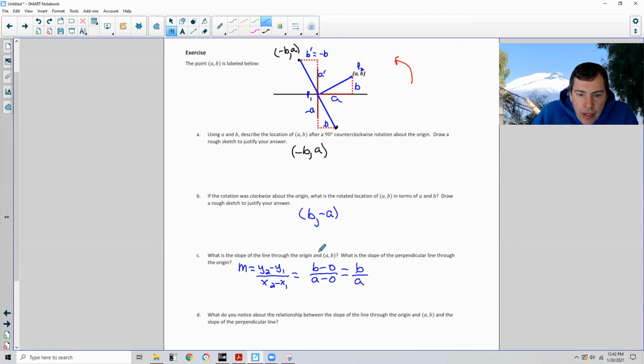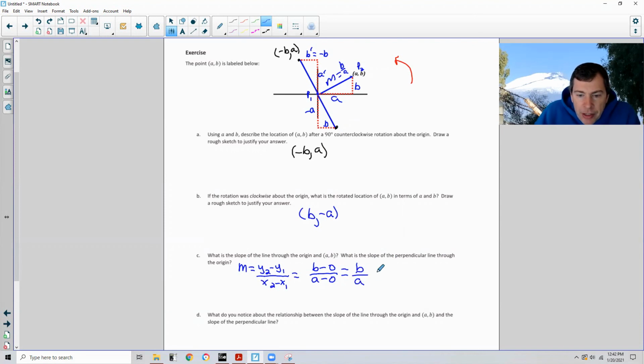So the slope of the line through this point right here would be m equals B over A. In other words, I went up B over A. Okay. D says, oh wait, I'm sorry. What is the slope of the perpendicular line through the origin? So the perpendicular line through the origin would be this slope. It's negative. It's going down from left to right.